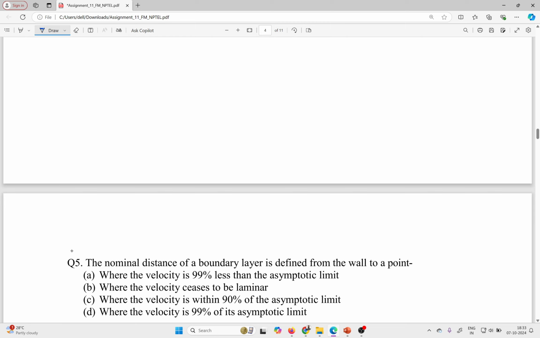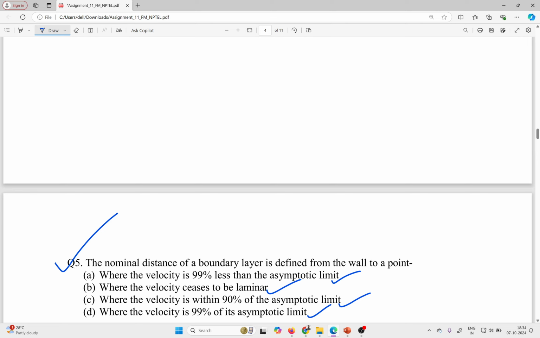Question number 5. The nominal distance of a boundary layer is defined from the wall to a point where the velocity is 99% less than the asymptotic limit, where the velocity ceases to be laminar, where the velocity is within 90% of the asymptotic limit, or where the velocity is 99% of its asymptotic limit.